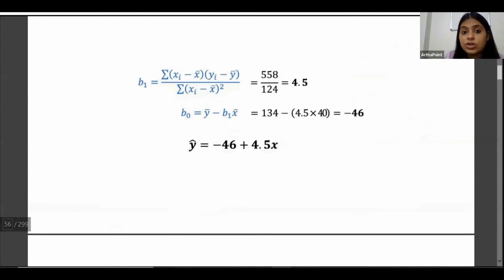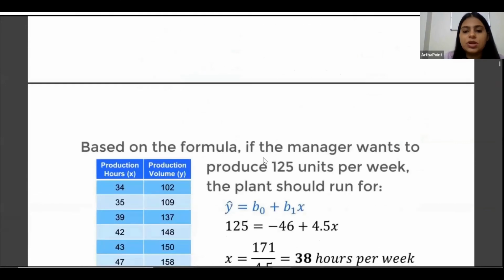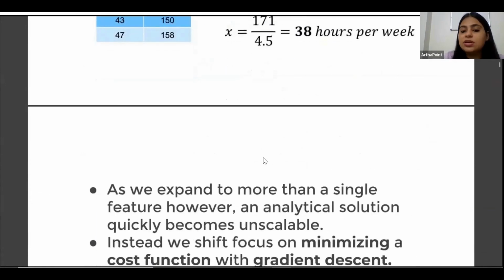So this equation tells me that as you increase X by 1 unit, which means as you increase the machine hours by 1 unit, Y, which means the number of units produced, will increase by 4.5 units. So the slope tells me how Y will change when there is a change in X. Okay, and that will be it.